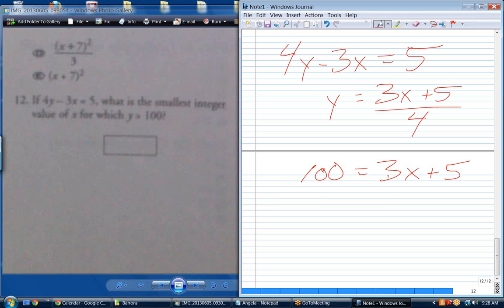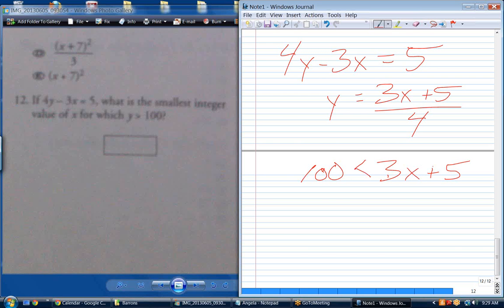Actually, let's just do it the right way. It's almost easier to do it the two-step method, now that I think about it.